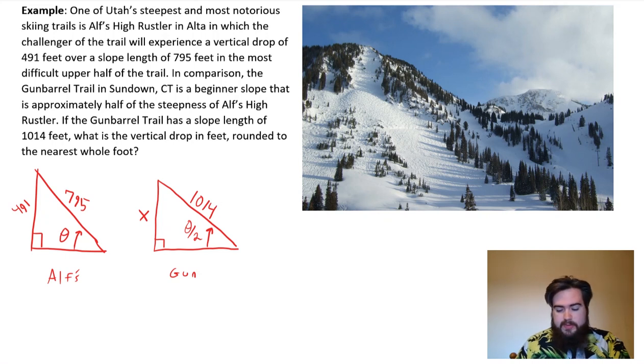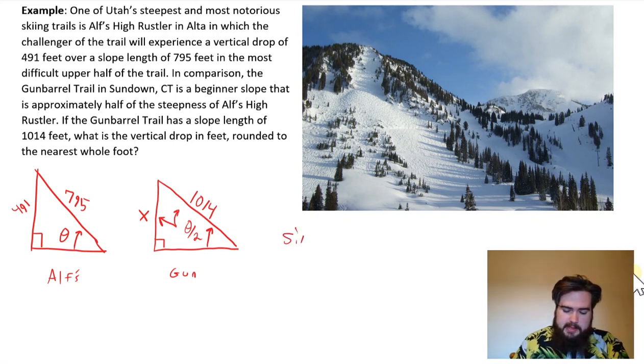The reason for that is because looking at Gun Barrel Trail, I want to find x and I know the hypotenuse. Since x would be the opposite side length to theta over 2, opposite and hypotenuse are related using sine.